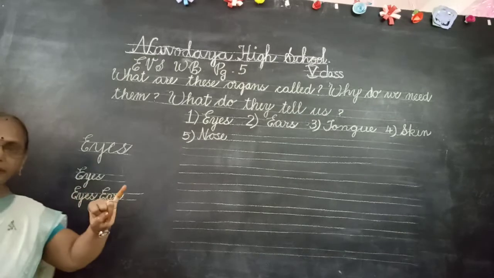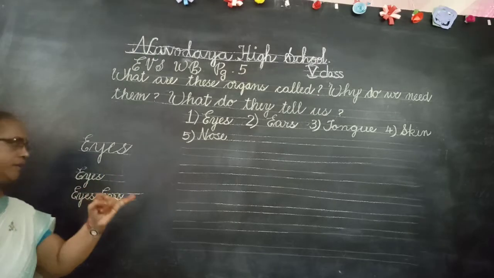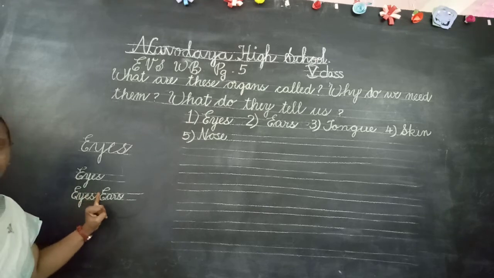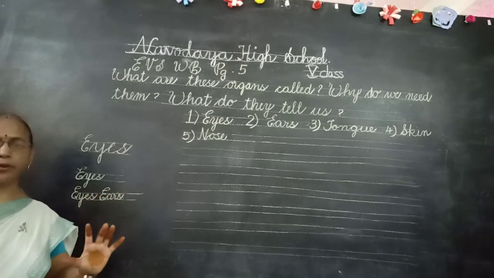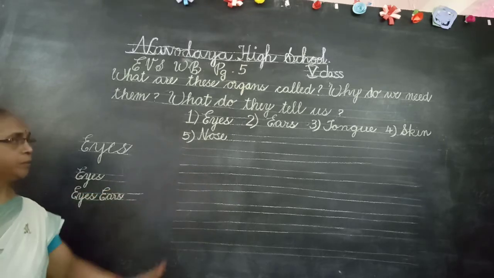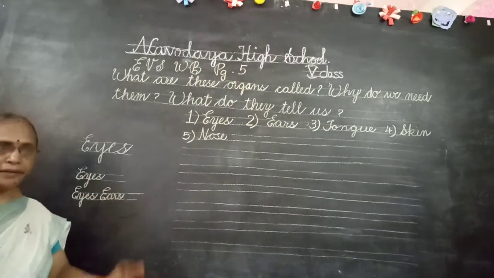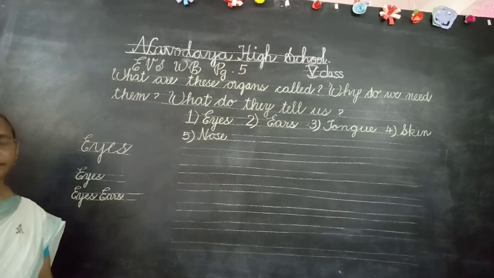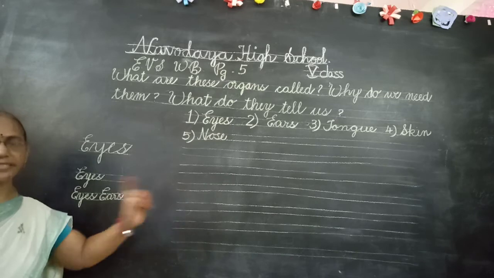Keep the half finger, meaning keep this finger after the last letter of the previous word and write. Then you can give uniform space in the workbook and the given space is enough. Understand? You follow these two instructions only.